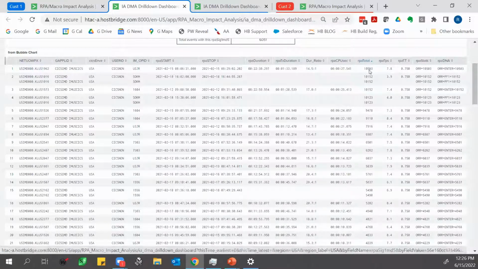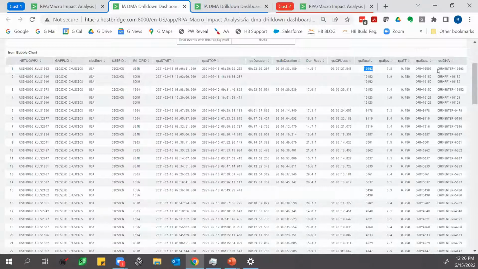In other words, RPA total is the number of transactions that this bot or automation took. Now, let me highlight that this bot, this macro that we're looking at, ran for 22 minutes. The total transaction duration, the total duration of all the transactions it ran, all 10,000 of them, was 1 minute and 33 seconds.